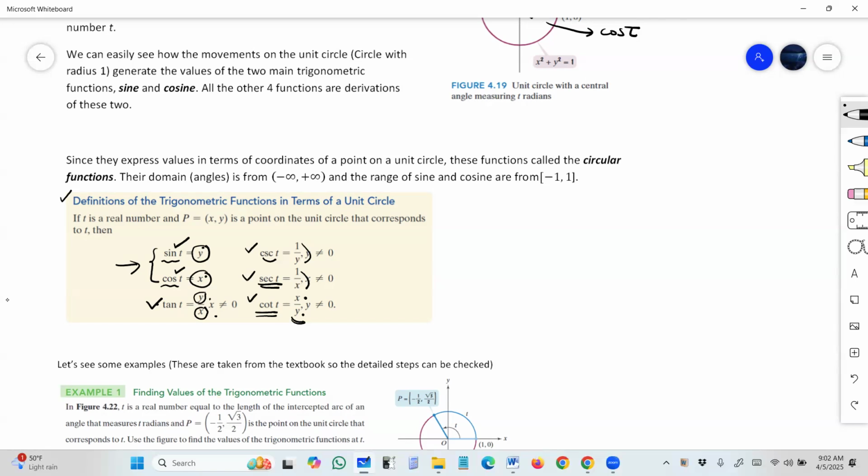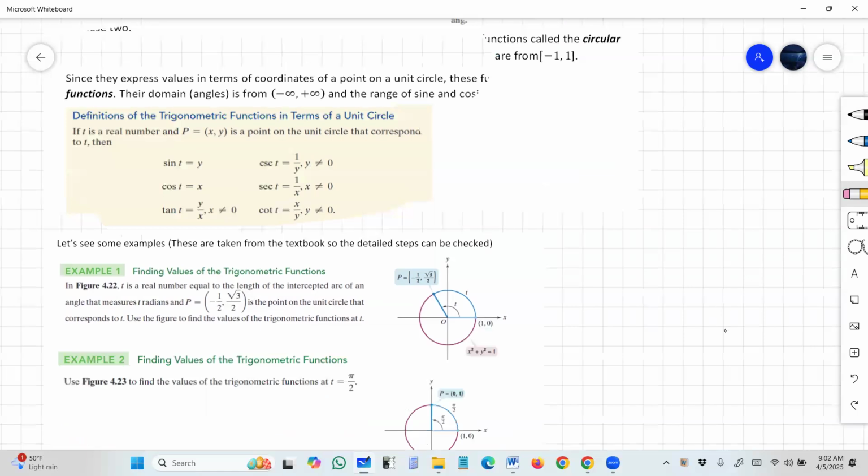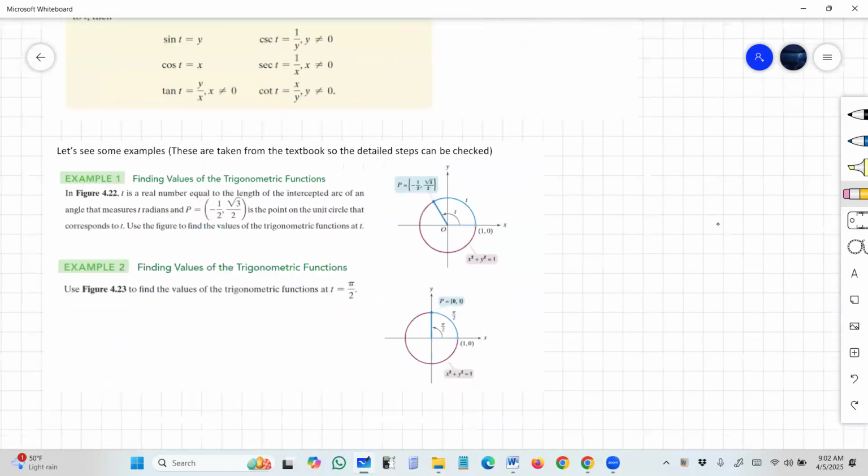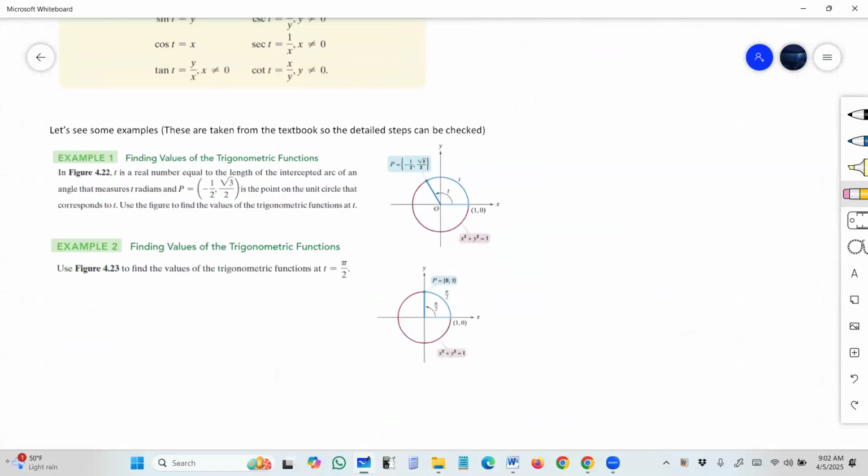So the main two are sine and cosine. And then all we have to do is remember the relationship between sine and cosine and tangent, cosecant, secant, and cotangent. So these are the movements on the unit circle. Now, the questions at this level are very, very basic. They're all based on a point being given on the unit circle.